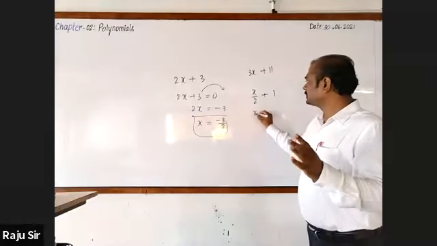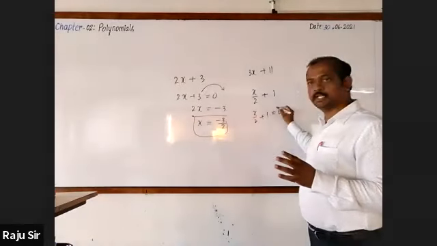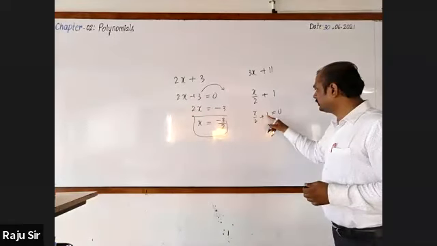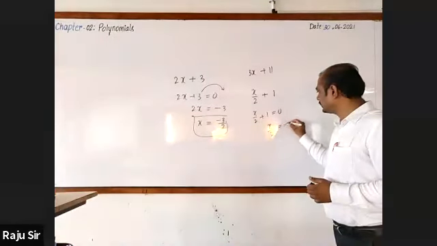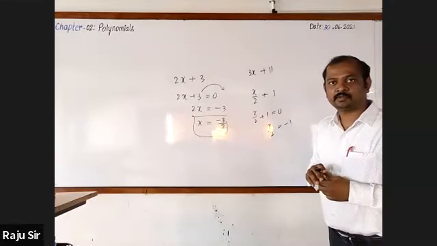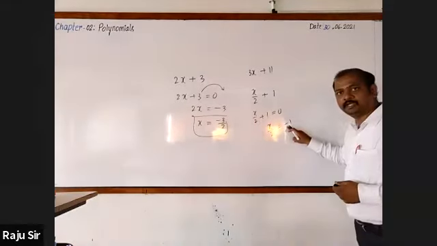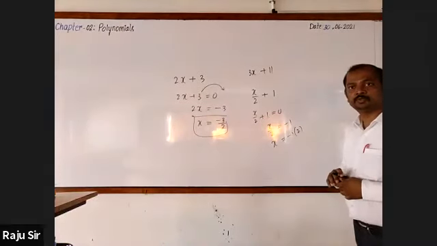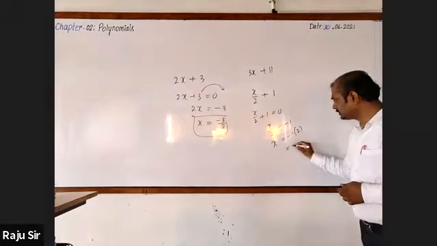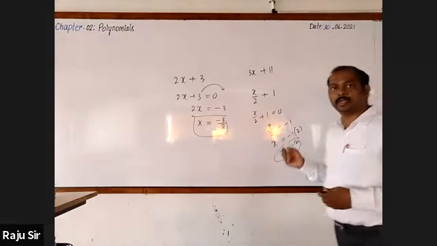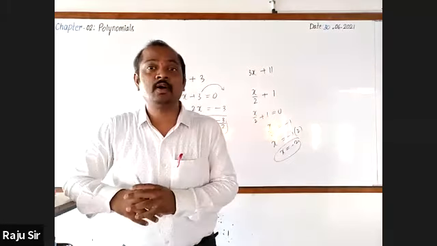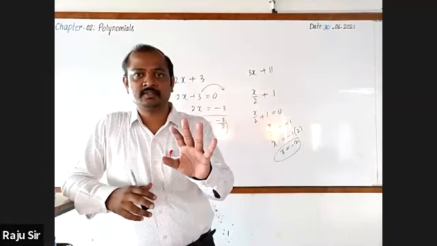What is it? x by 2 plus 1. It should be equated to 0, right? Then for x by 2, transfer 1 to the right hand side. It becomes minus 1. Then cross multiply 2. Here x is equal to minus 1 into 2, which is minus 2. So x equals minus 2. Therefore, minus 2 is called the zero of the polynomial. Right? That's it. Got it?